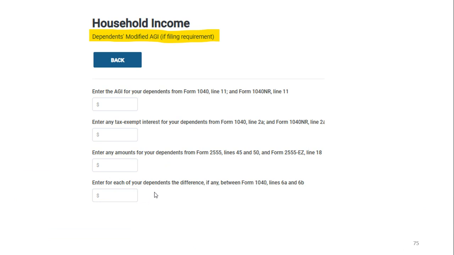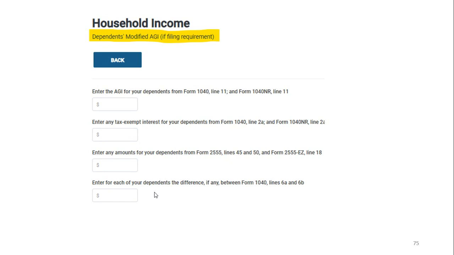When you do the marketplace, anytime you enter marketplace, this screen will pop up. This screen says household income, dependents modified AGI if there's a filing requirement. The only time you are ever going to enter anything here is if a dependent that they're claiming has a legal filing requirement. That means the dependent they're claiming made more than the standard deduction.